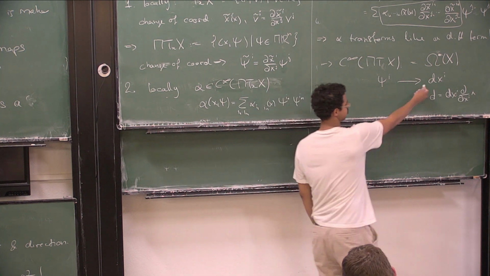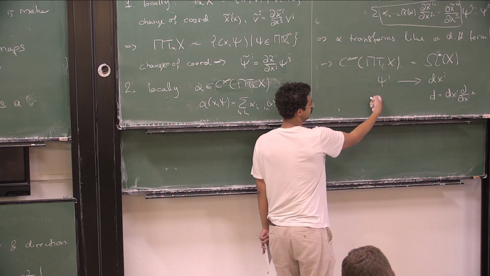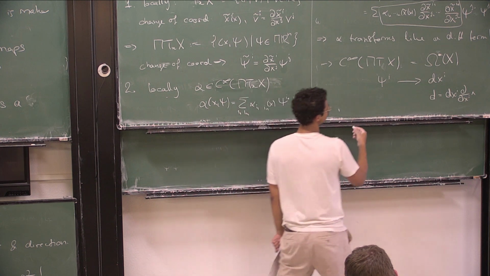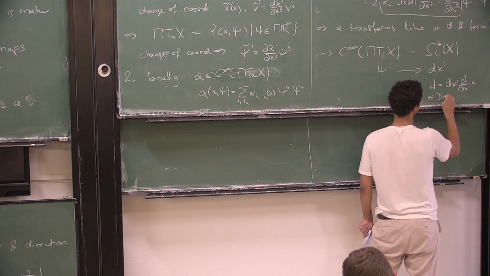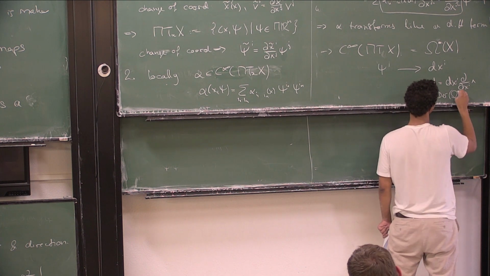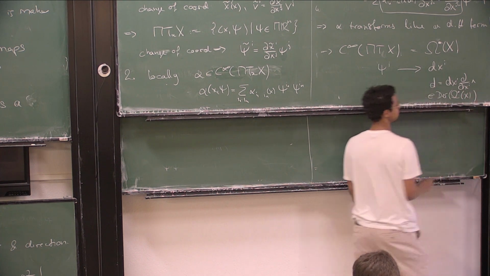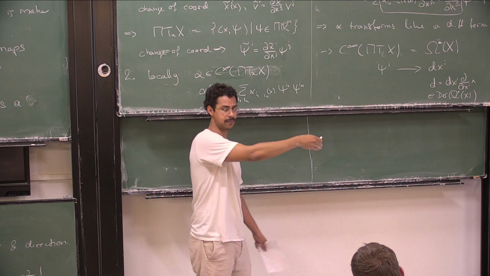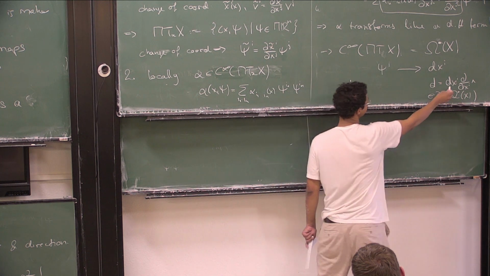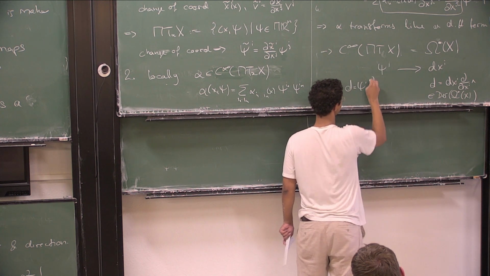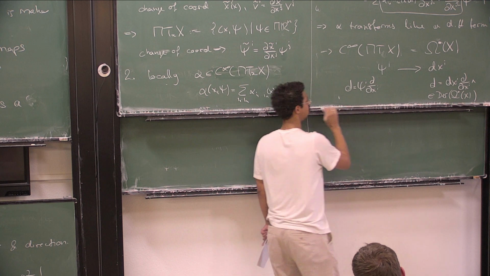So let's look at how it would look on this side. This, by the way, is a derivation, meaning it satisfies Leibniz rules. So on this side, we just replace dx^i by psi^i. Oh, cool.